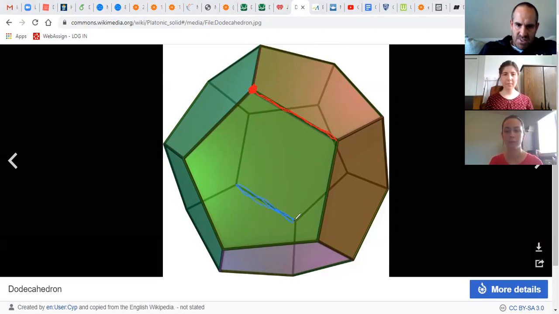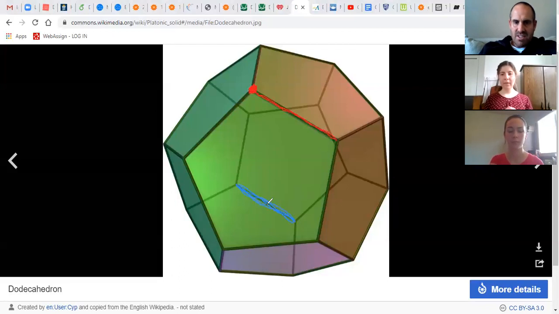Wouldn't that be an opposite edge? Yeah. So there's 15 pairs of those. That's why it's important to know the number of edges. And the only symmetry with that, other than the identity, which we'll deal with separately, is 180 degrees. And that's just going to give you a whole bunch of 2 cycles.